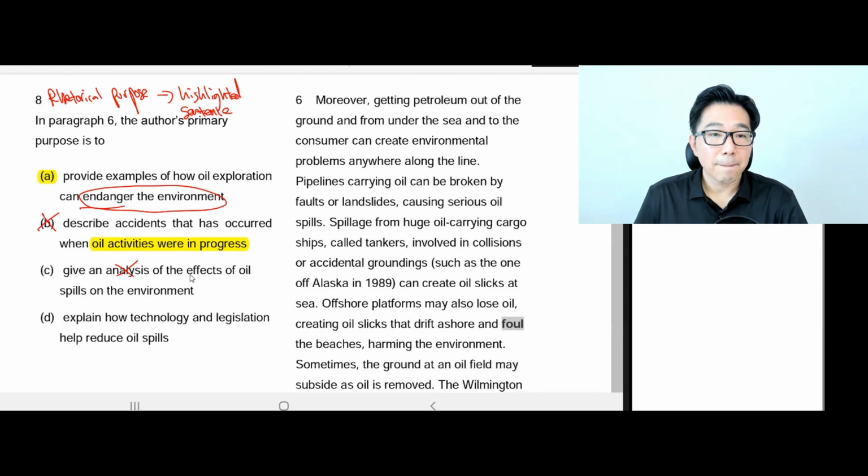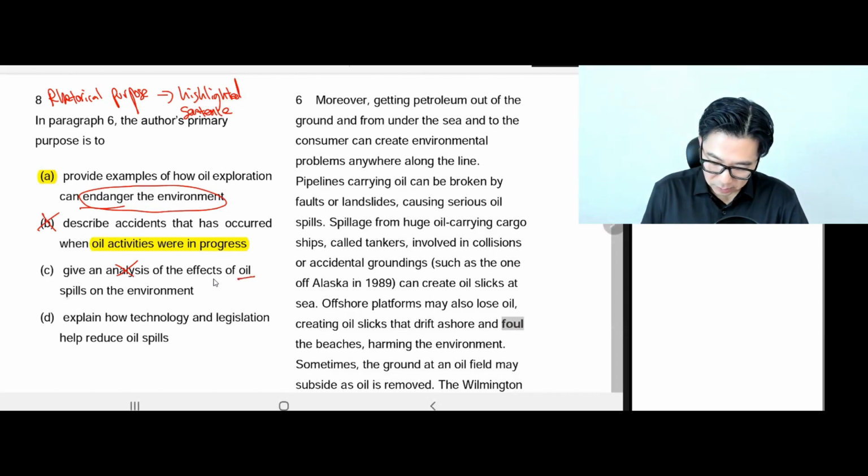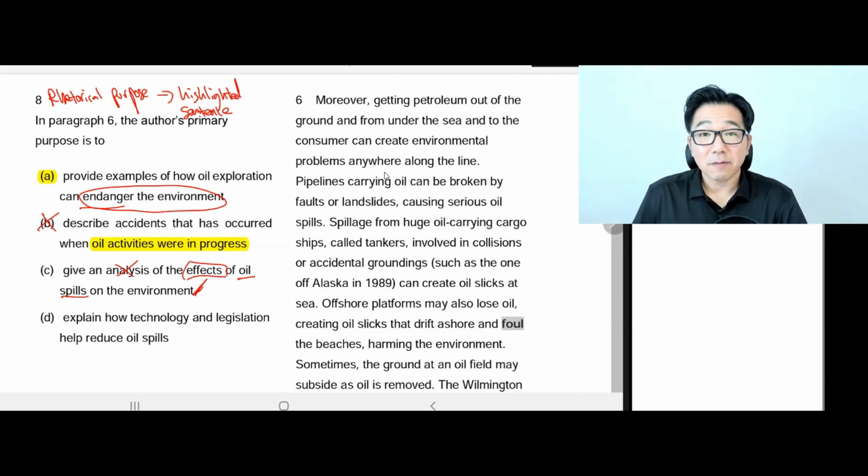Also, oil spill is only one part of endangering the environment, so it's only talking about one part, not the whole paragraph. Anyway, as I told you, it's not an analysis at all. So C is wrong.